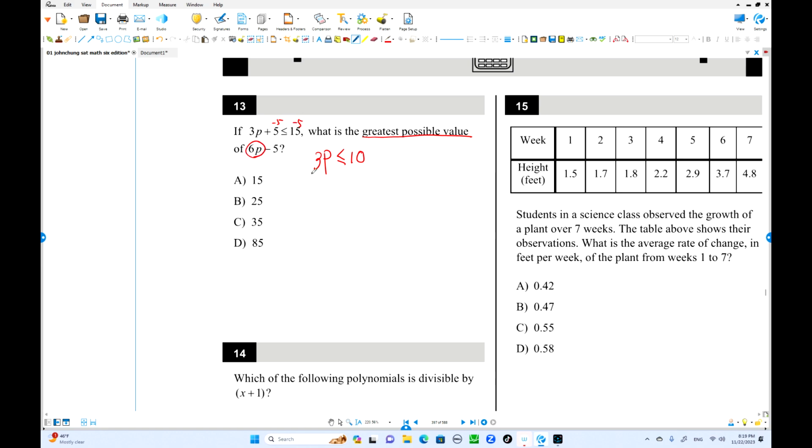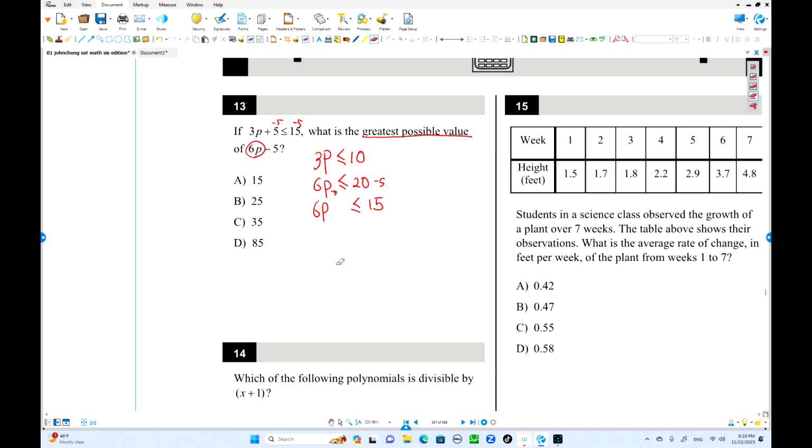Now take a look at 6p. 6p is times 2 on both sides. 6p is less than or equal to 20. Now minus 5 again, 6p minus 5. Minus 5 minus 5, that is 15, right?